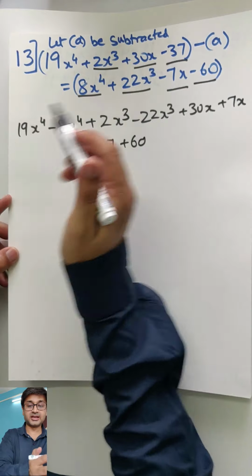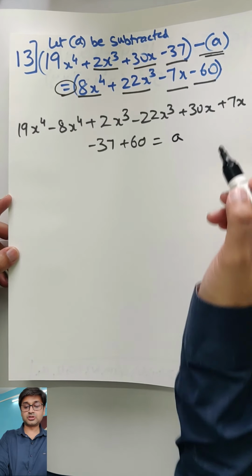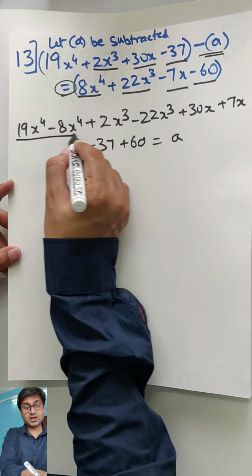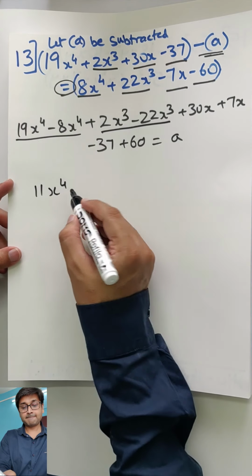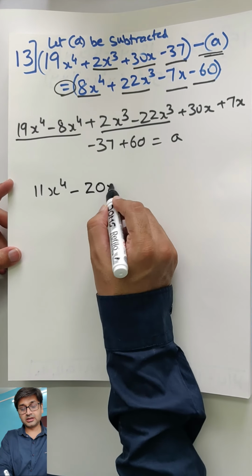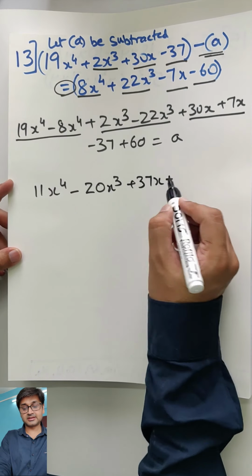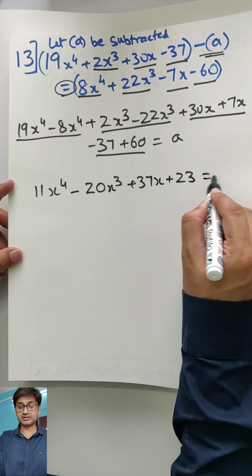So all this is on the LHS now and this will go on the RHS. So equals to A. So what has to be subtracted? Solve it and your answer is there. So here the difference will be 11x4 minus 20x cube plus 37x plus 23. Is it 23? 33, 30, 40, 50, 60. Perfect.